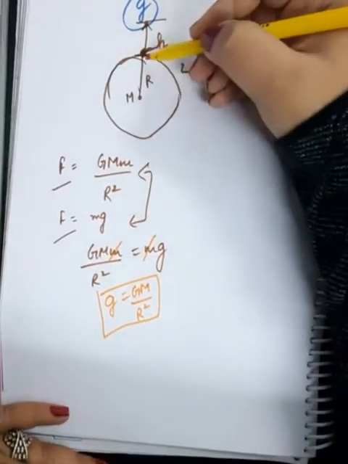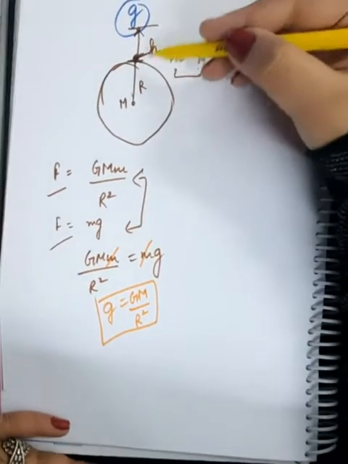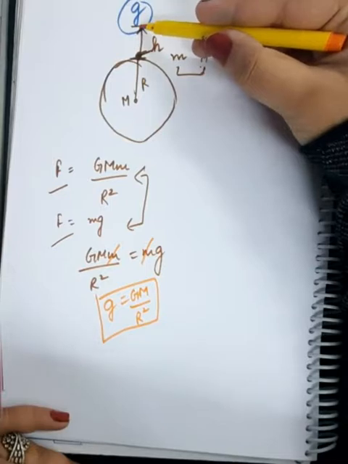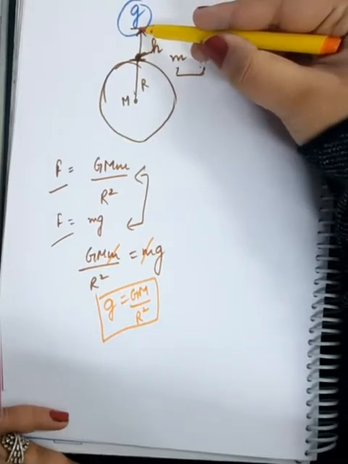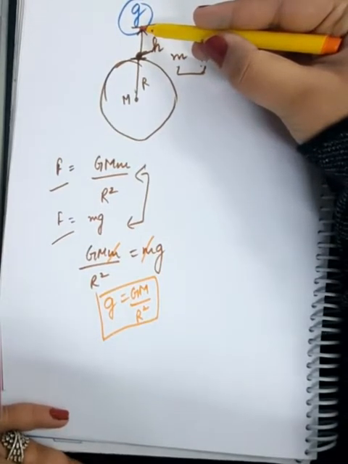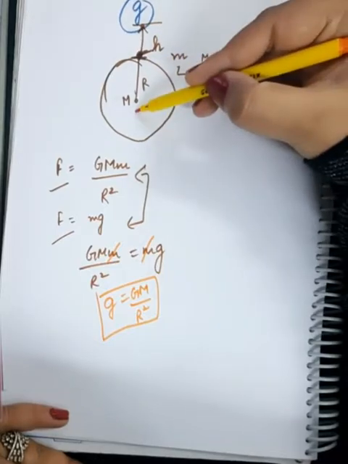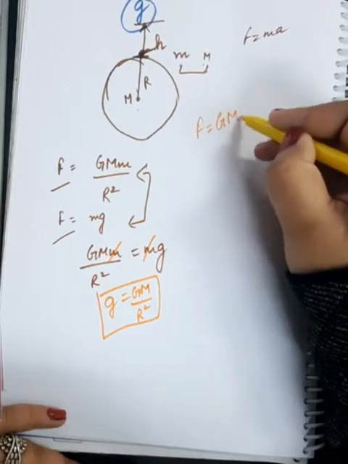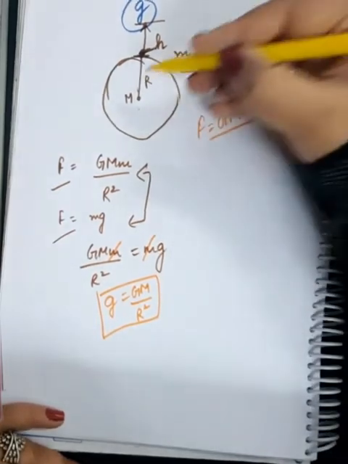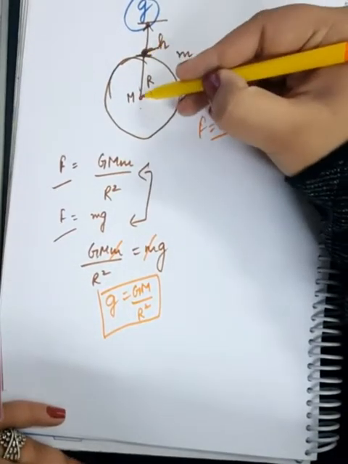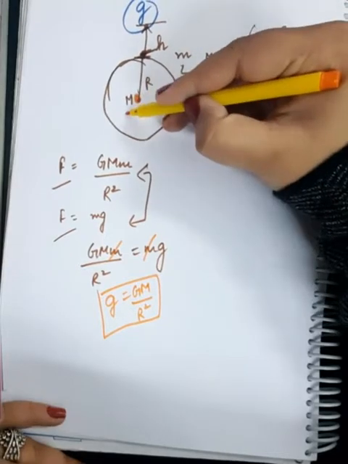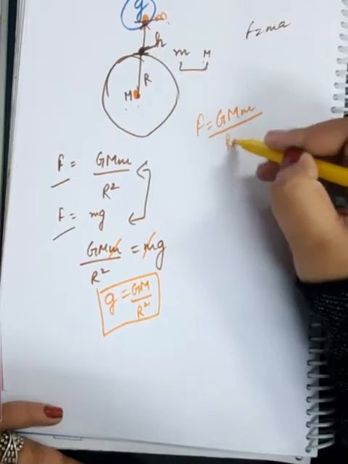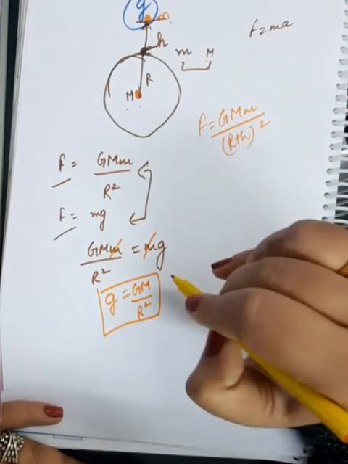But when you raise the object up to a certain height called h, the force of gravitation between this object, which is now raised to a certain height, and the Earth will be equal to GMm upon, it won't be R square now, because the distance of separation between mass capital M and mass small m has gone up to (R plus h) whole square.